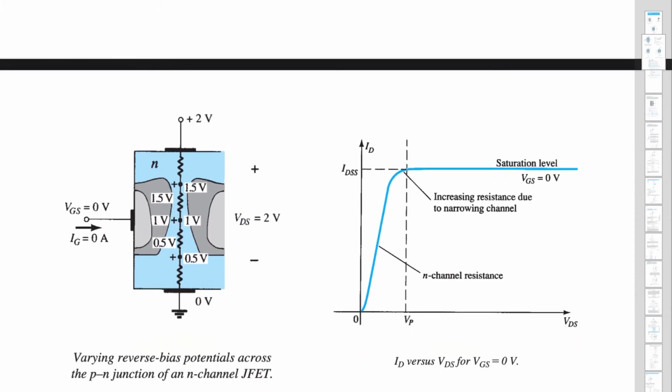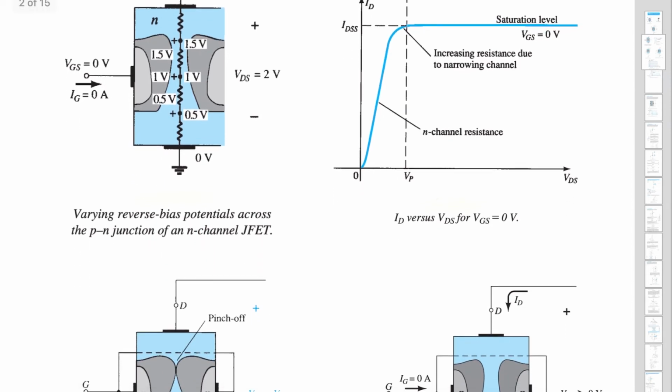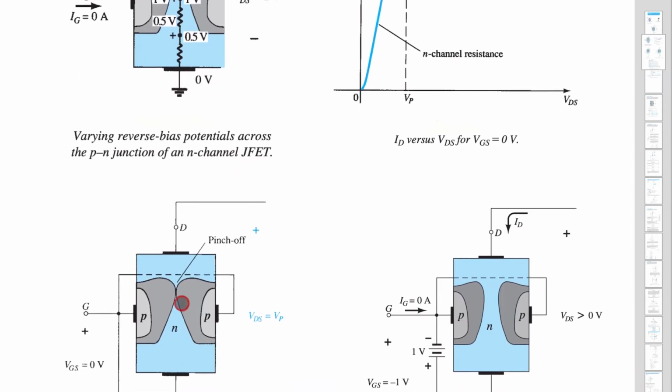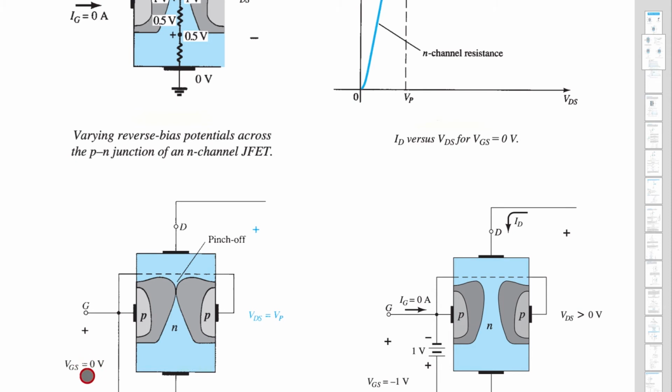But ideally what should happen, you can see here, for some voltage, we will not take this as VGS equal to 0, for some voltage you assume that these two depletion regions touch, and that point we call pinch off.